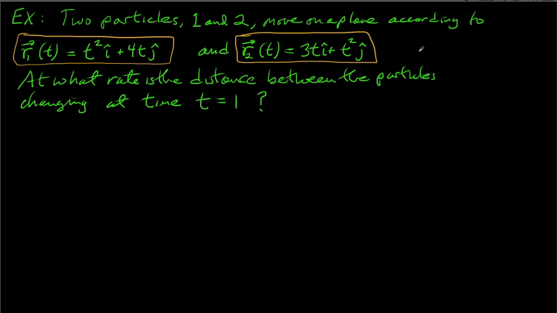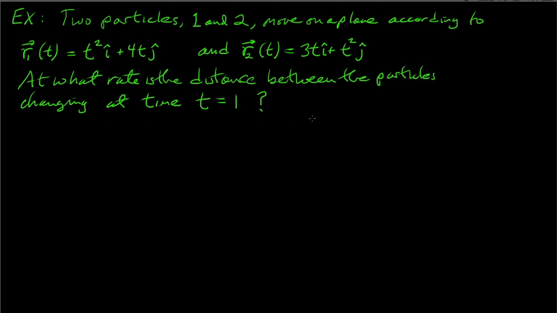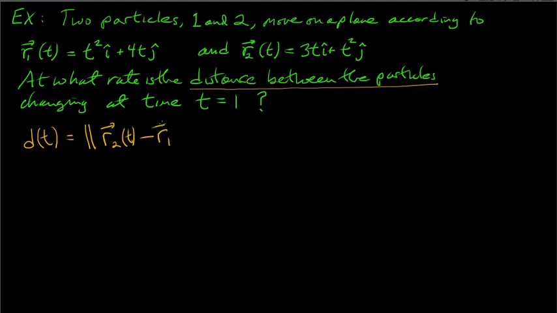Okay, so we need the distance between the two particles. I'll use d for distance at any given time. It's essentially the distance formula between two points in space. It turns out to be the magnitude of r1 minus r2, or vice versa. I'll say r2 minus r1.